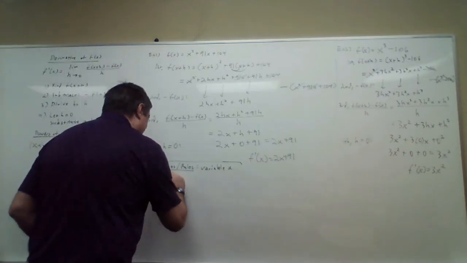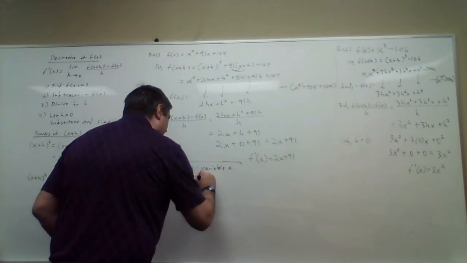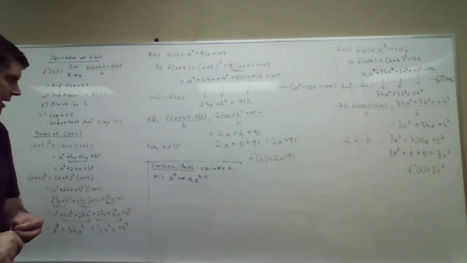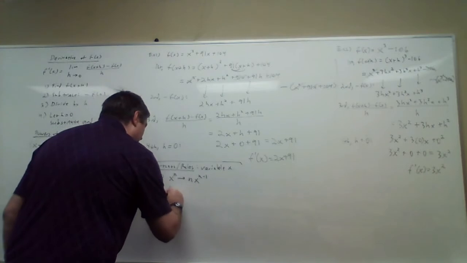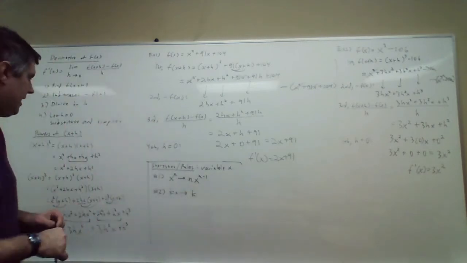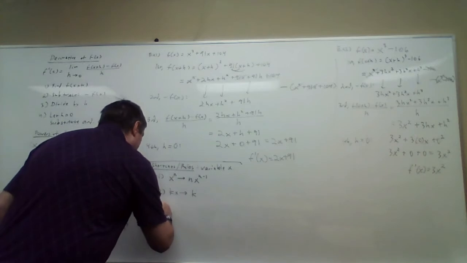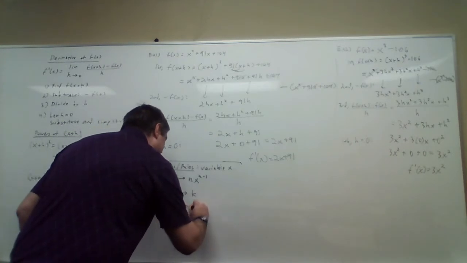So x to some power n would become nx to a lower power, and you'd go down a power. Number 2, if you just had some number times x, it would leave you just that number. And number 3, the derivative of a constant is 0.